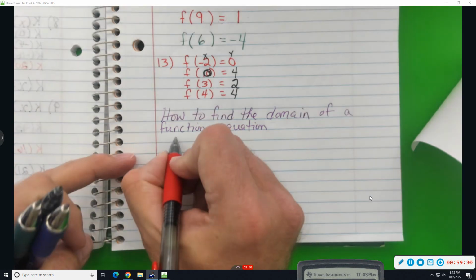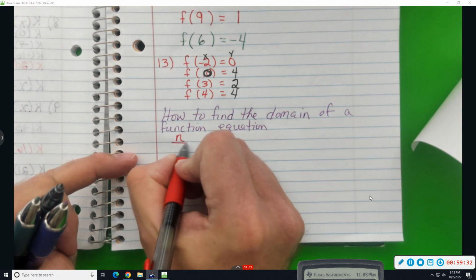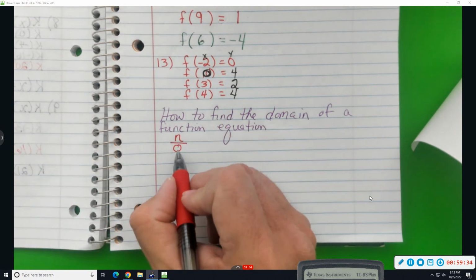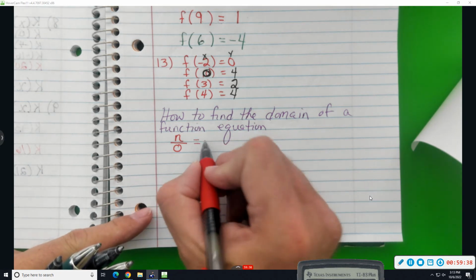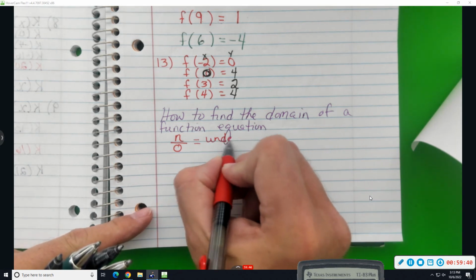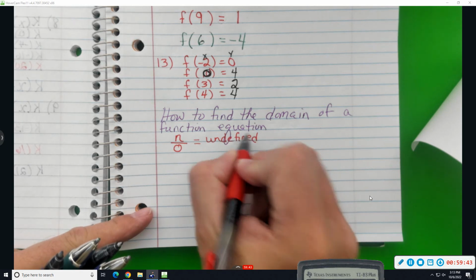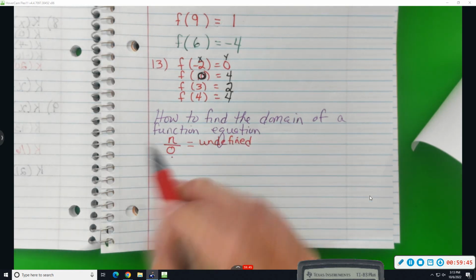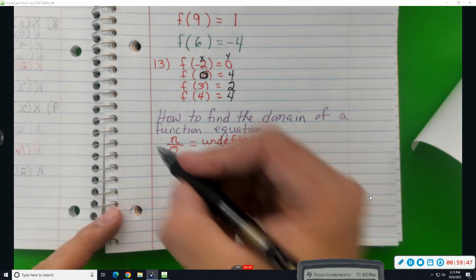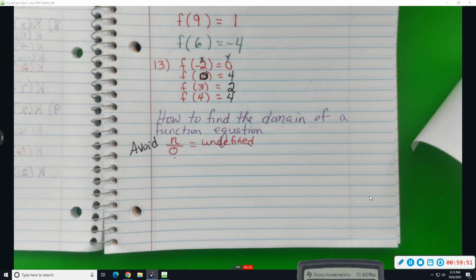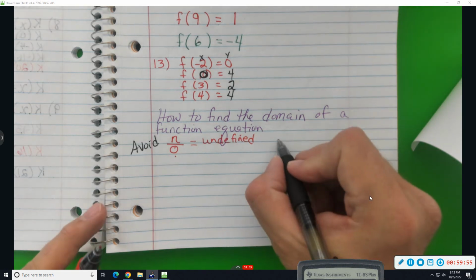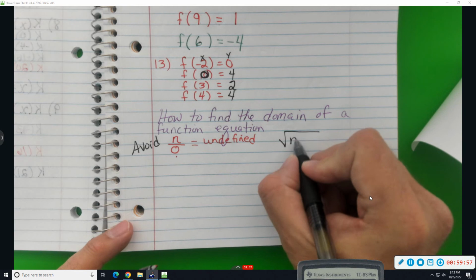Well, one way you already know. We never want a 0 on the bottom of a fraction. So we want to avoid getting a number over 0. And what about square roots? If we're only interested in real numbers, we never want a negative under the square root.